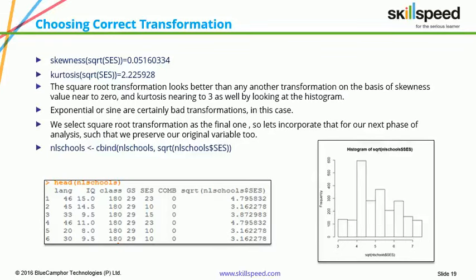So we would preserve our original values as well as the new values. To do that, to combine the data, we would use cbind function or a column bind function to bind the new column into our NL schools data. Now this data is ready for the further analysis.